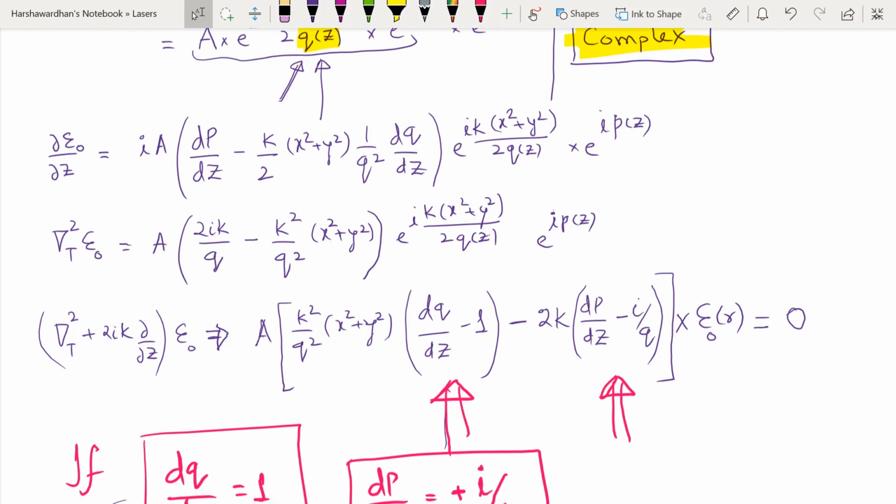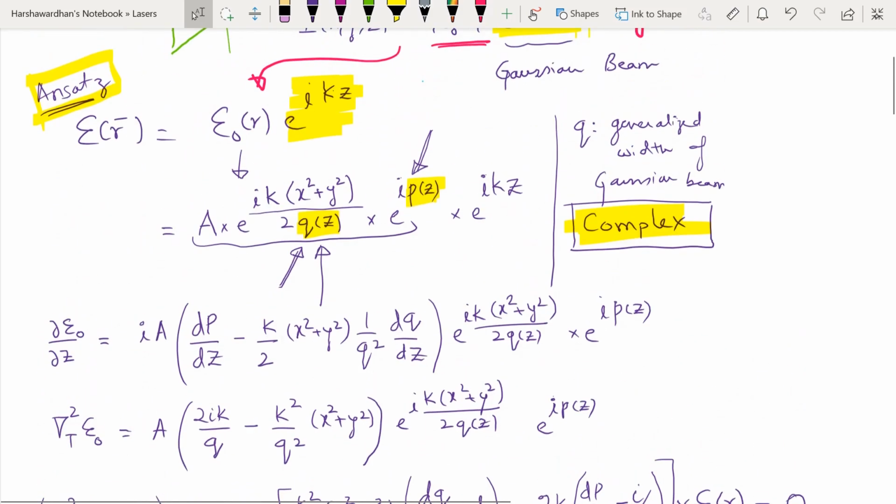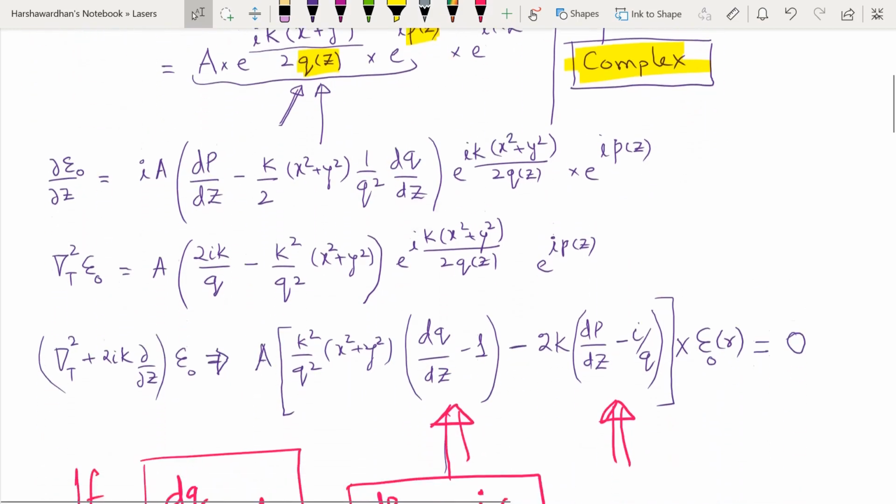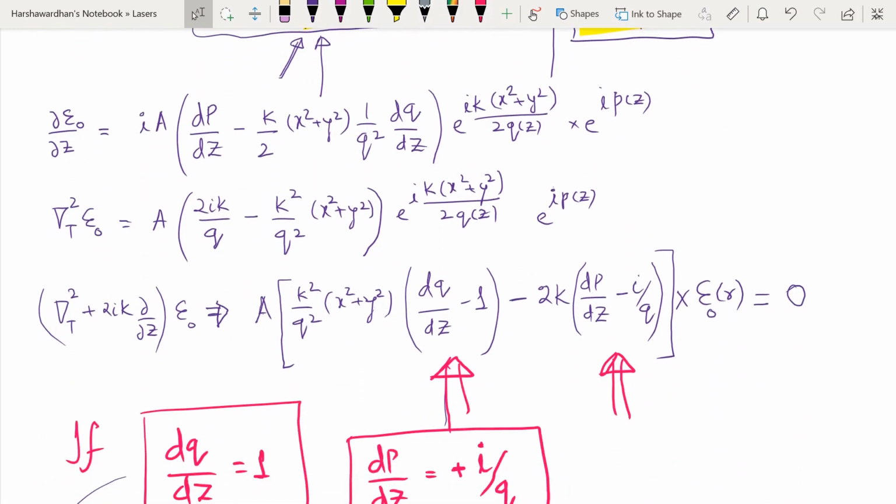Again, I expect you to write this out for yourself and carefully calculate each of these terms. Similarly, there is a derivative of the E naught of r with respect to the transverse variables, which is a second derivative with respect to x and a second derivative with respect to y. These again come from this exponential phase factor, right?